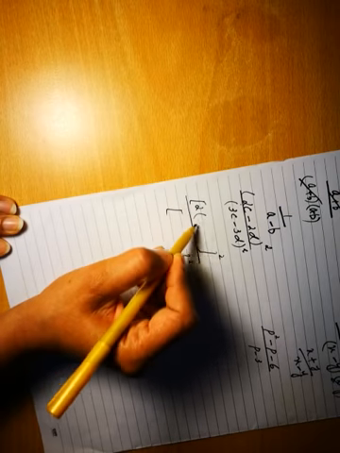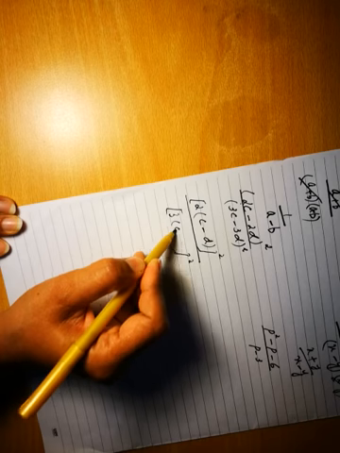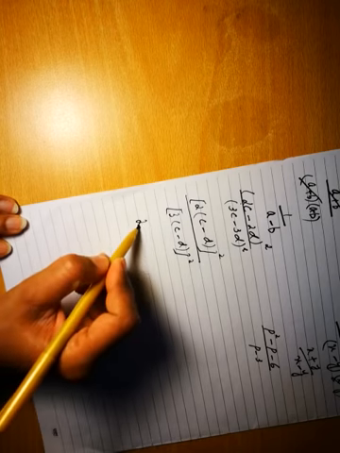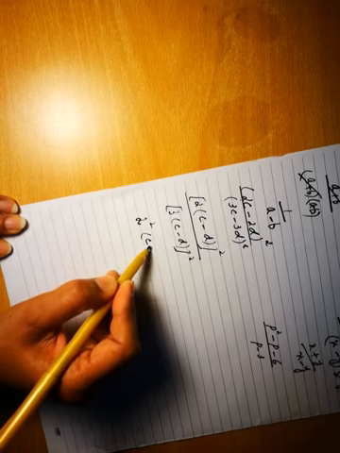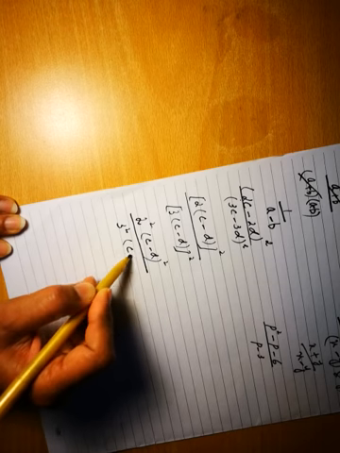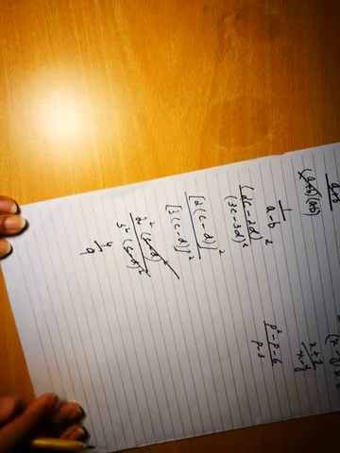You're going to take 2 common, c minus d is left. You're going to take 3 common, c minus d is left. So 2 square and c minus d whole square over 3 square and c minus d whole square. This will be cancelled out. 4 over 9 is your answer.